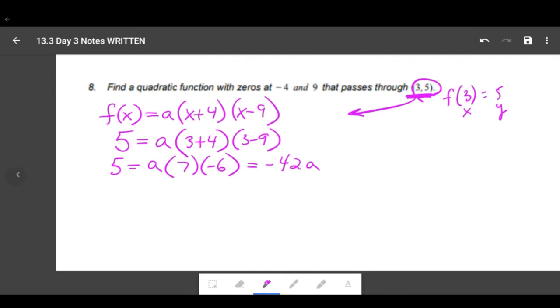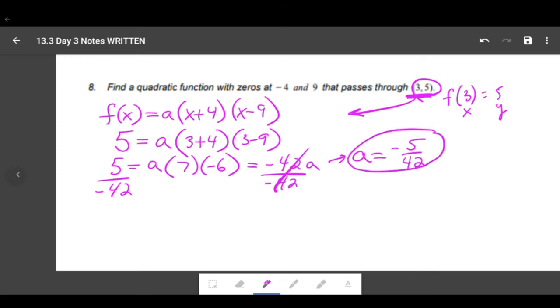So my goal is to solve for A. So if I divide by -42, divide by -42, I end up getting that A is -5/42. I know it's an ugly looking fraction, but that's your lead coefficient. So it says find the quadratic function.